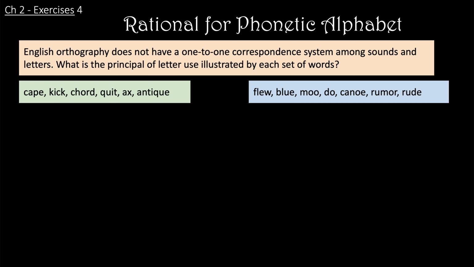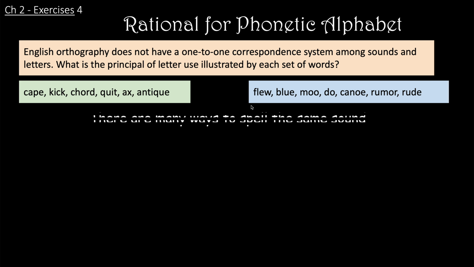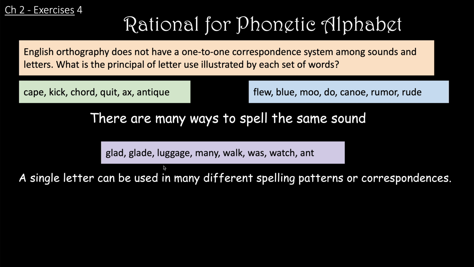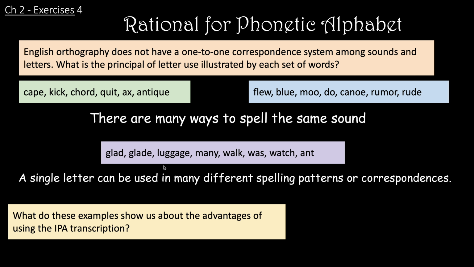So we have to communicate globally and across the board with so many variations, and that's why the phonetic alphabet was invented. You have one symbol for just the sound, and it is all phonetically connected, right?